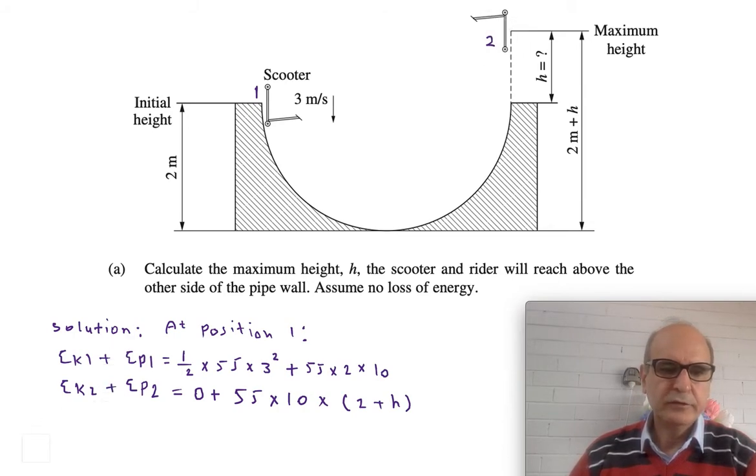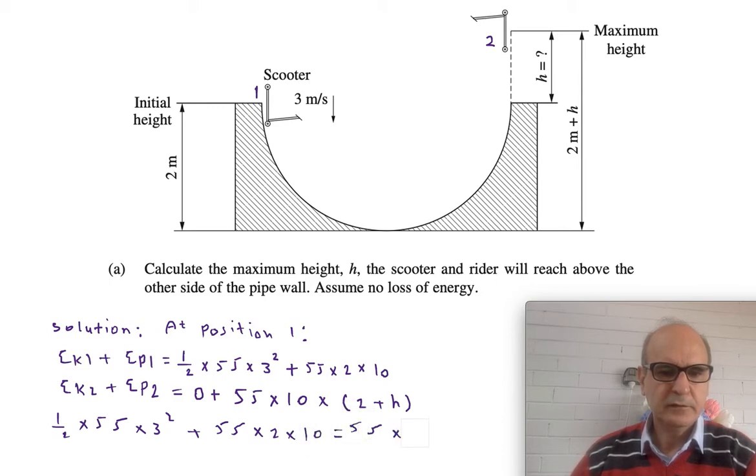All right, put them equal, so you get half times 55 times 3 squared plus 55 times 2 times 10 equal to 55 times 10 times 2 plus h.